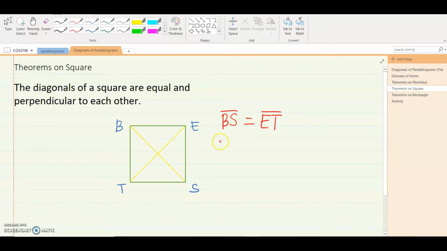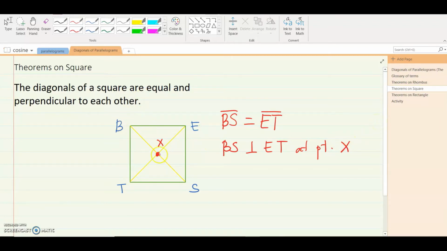So, we can say also that BS is perpendicular to ET at a particular point of intersection here, which is, let's say, point X. So, BS is perpendicular to ET at point X.